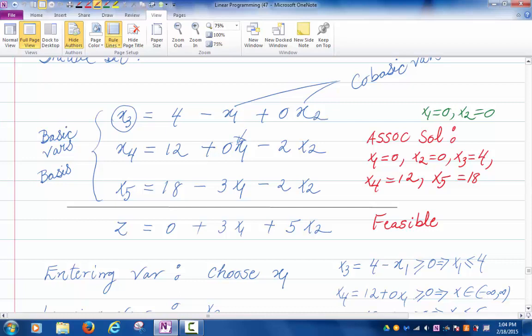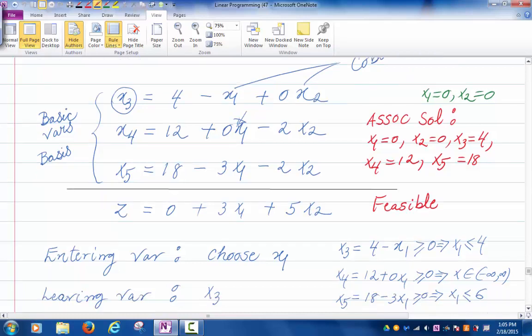But how are you changing the basis? Well, each time you are taking out only one of the basic variables and putting in one of the non-basic variables as a basic. So only one variable in the basis is changing. You keep all the others the same.